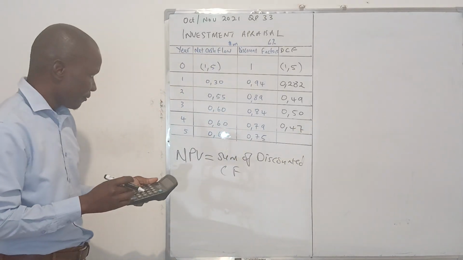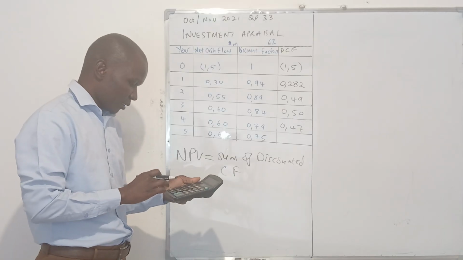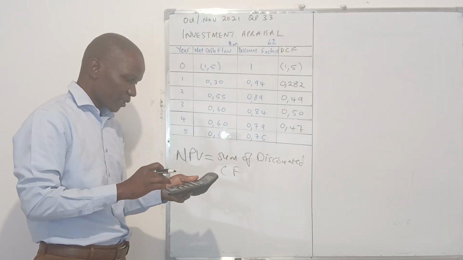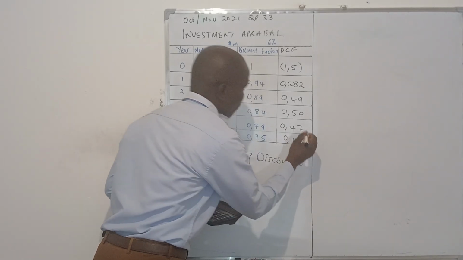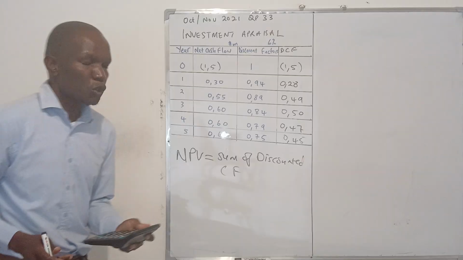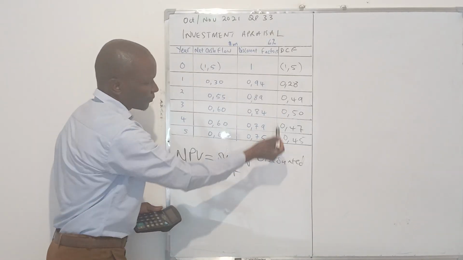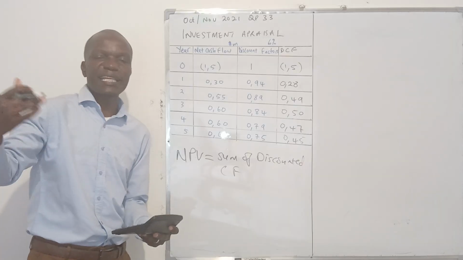In year 5, we go again 0.60 times 0.75. It gives us 0.45. Let's just keep this as 0.28. So what you have here are basically your discounted cash flows.